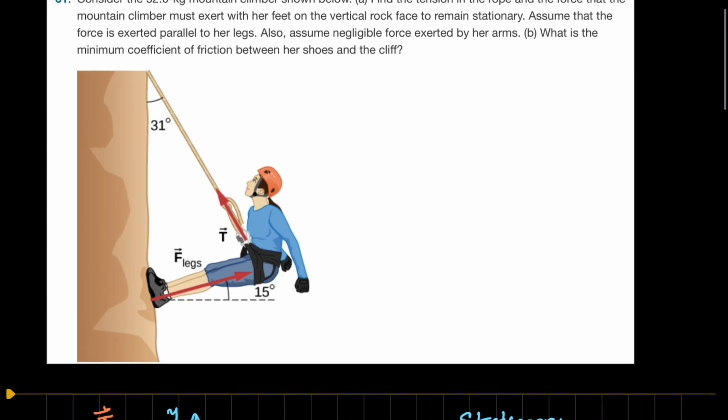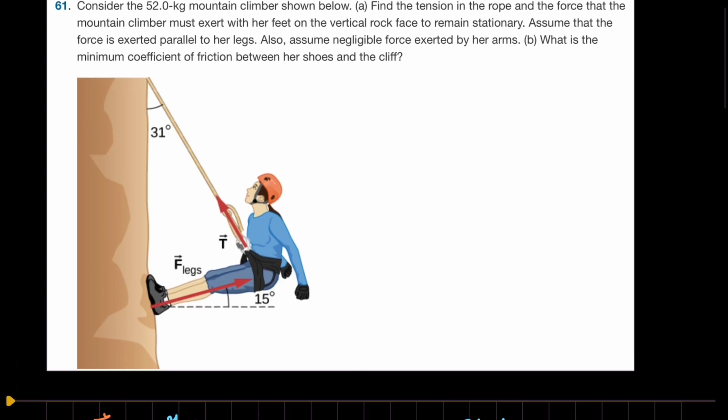If we look back at the setup here, they say that the rock face is vertical. When you think about a surface, if you push against it, it will push back. If you push against the wall, the wall will push you back. That force is perpendicular to the surface, thus the phrase normal force. Normal, like the fourth or fifth definition in the dictionary, not like typical, but normal like 90 degrees to the surface.